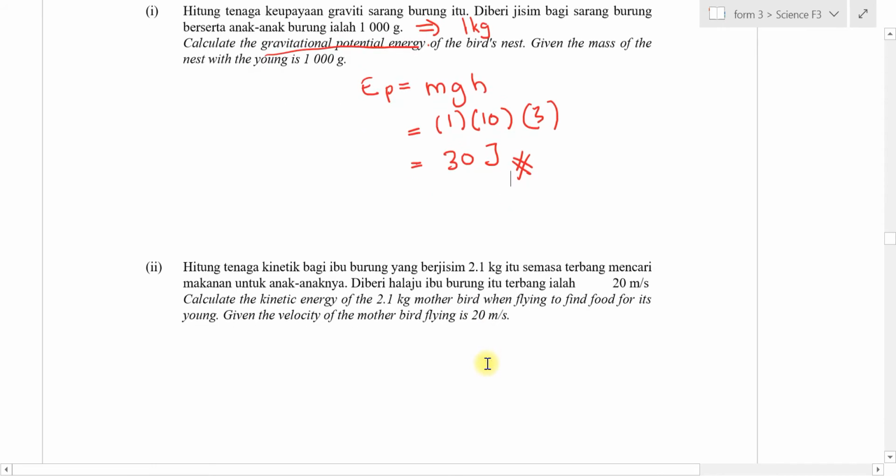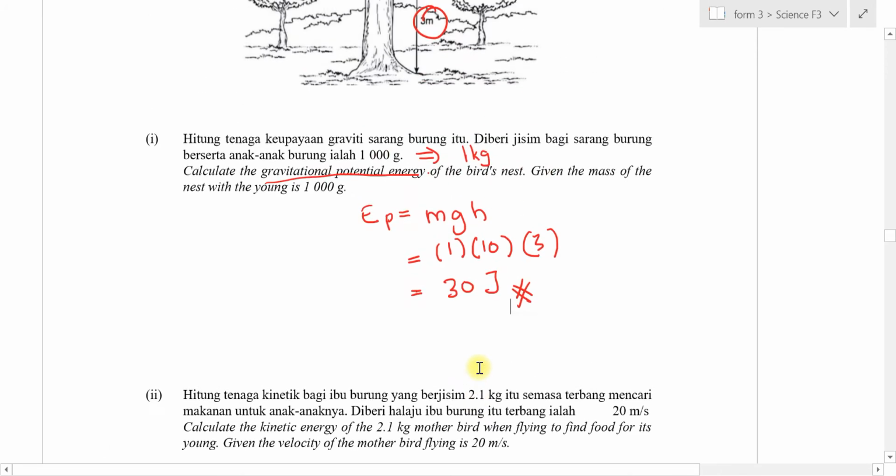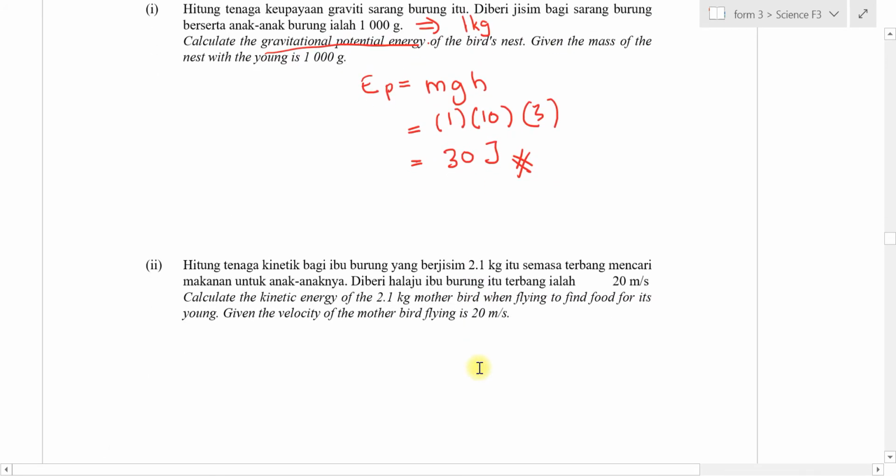Next question. Calculate the kinetic energy of the 2.1 kg mother bird when flying to find food for its young. Given the velocity of the mother bird flying is 20 meter per second. Okay, meter per second is an SI unit. 2.1 kg is an SI unit.